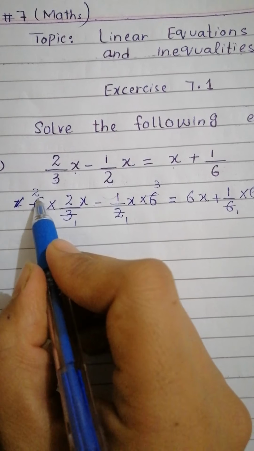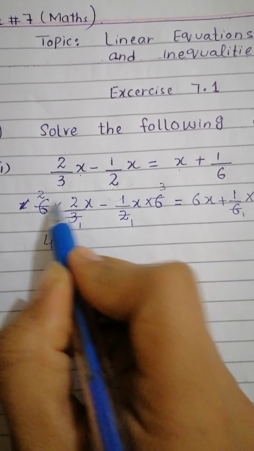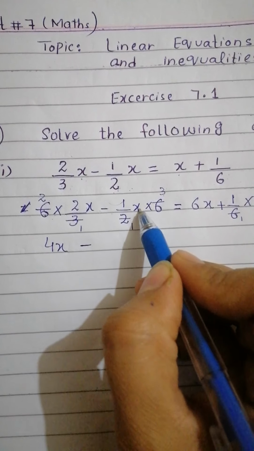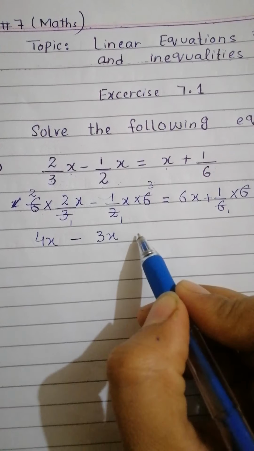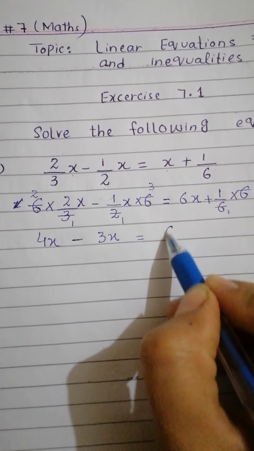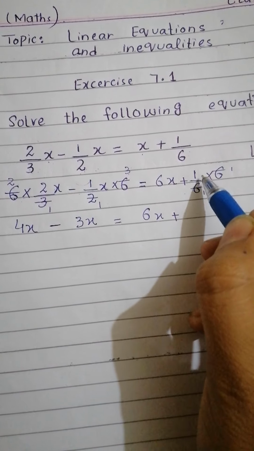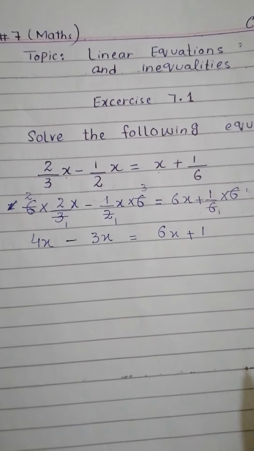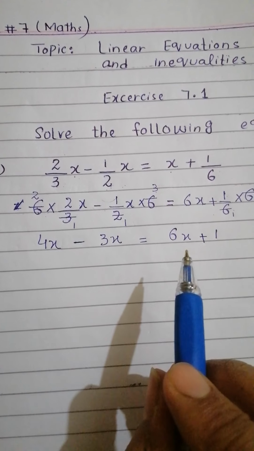So now you have left 2 into 2, this is 4x, minus 3 into x, this is 3x, is equal to 6x plus, you can see here 1 ones are 1 and 1 by 1 means 1. You can see this equation now. Your fractions are eliminated now.